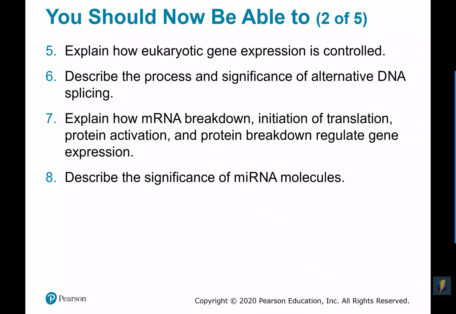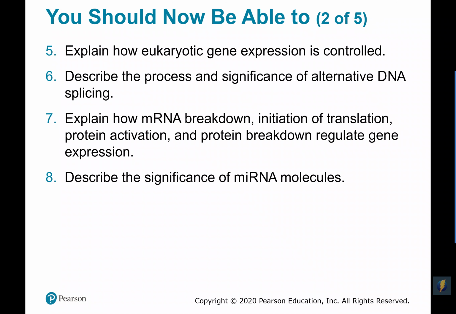We talked about DNA splicing and RNA splicing, breakdown of mRNA, translation and protein activation and protein breakdown, all the different ways we can activate and change our gene expression even if we have transcripts being made.